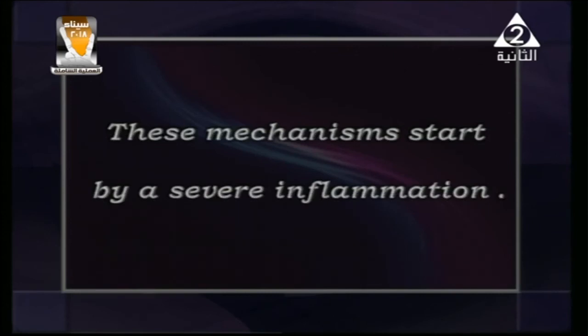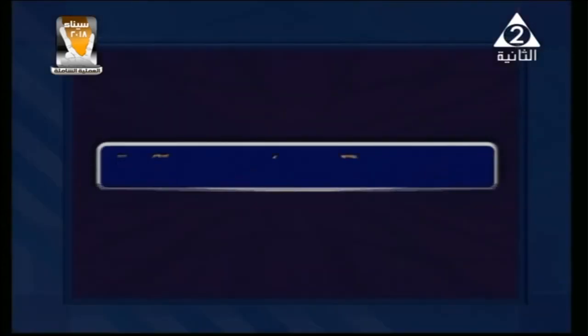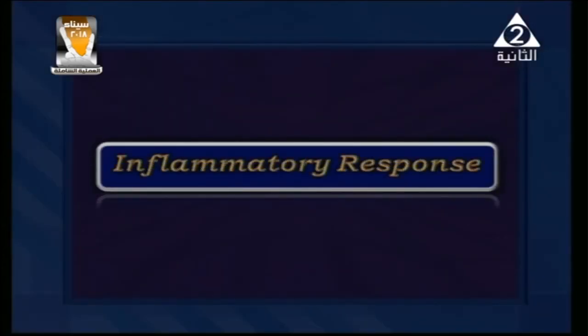These mechanisms start with a severe inflammation, such as the inflammatory response. You know that inflammation happens on the skin or inside our body. We have here four or five different steps of the inflammatory response and how these substances increase inside our body.